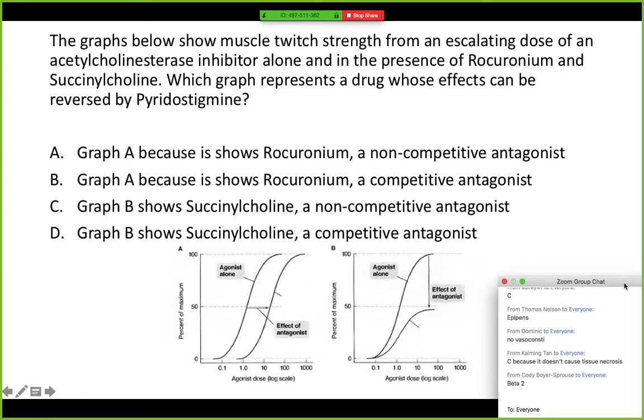Or I guess, actually, Dr. Babos wrote this, but I just played with it a little. Right, you guys got it. So graph A, because it shows rocuronium, a competitive antagonist.